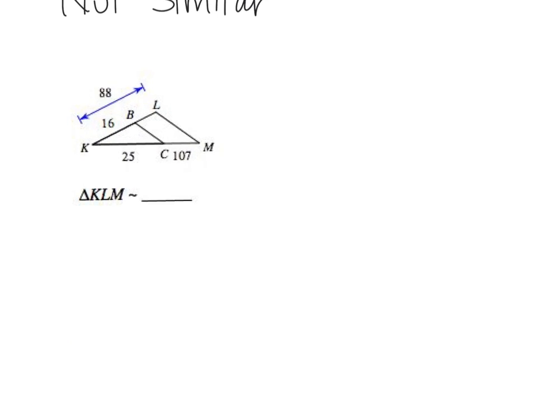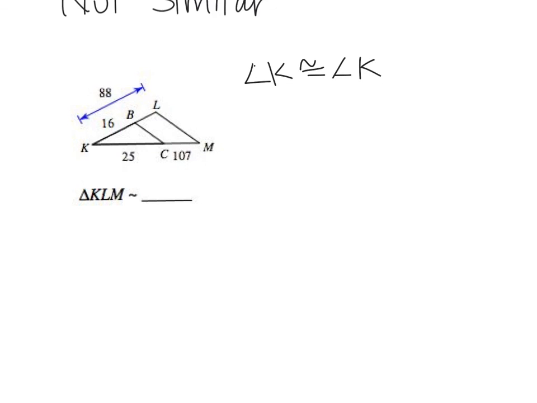Our last example, we have a triangle within a triangle. So if we look, we're talking about triangles KBC and KLM. Because both triangles share that angle K, that's going to be our congruent angle in each triangle, because angle K is going to be congruent to itself. Because it's a shared angle, it's going to be the same measure in both triangles.